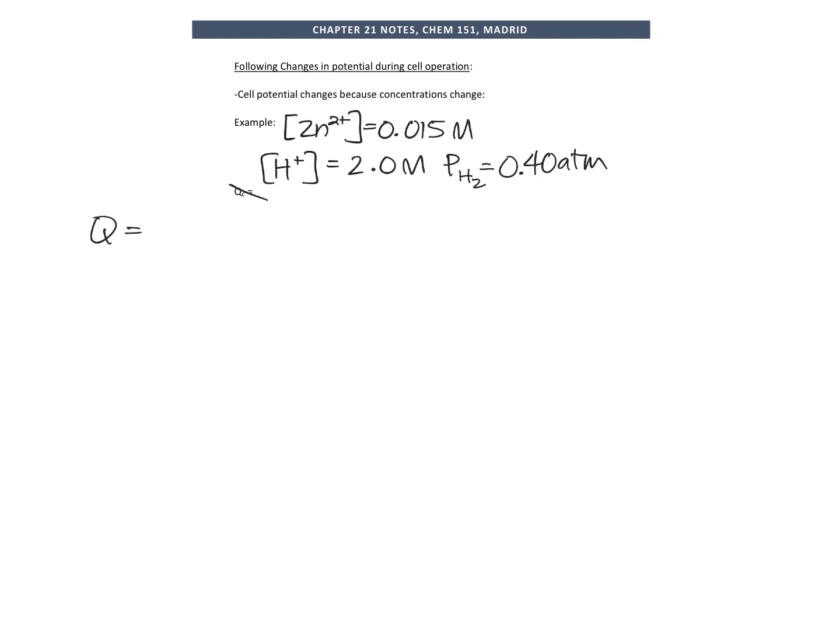What does Q equal in that instance? If you need a reminder, go back to that balanced equation and see what the products and the reactants are. We are plugging in the pressure of H2 times the concentration of zinc 2 plus over the concentration of H plus squared.